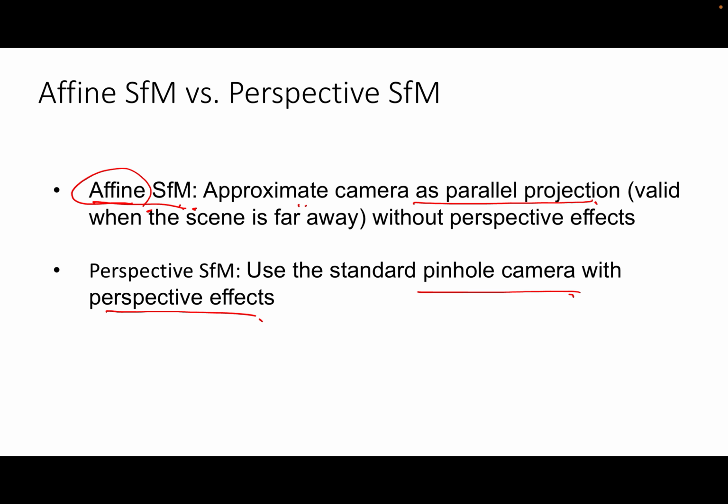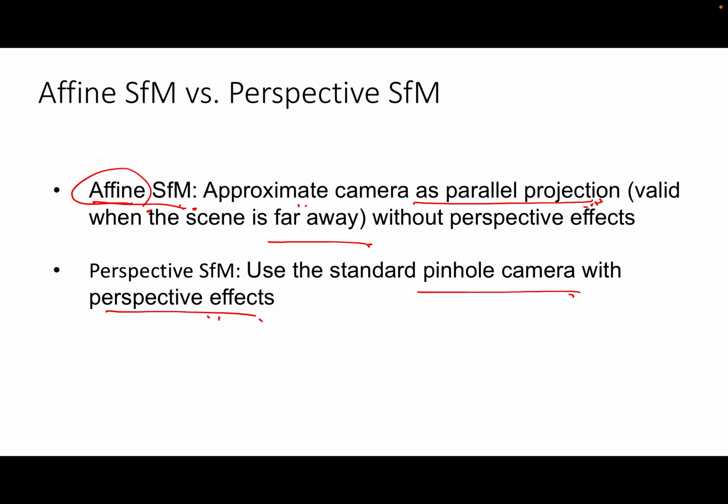Actually, this is not always true; the camera projection is not always parallel projection. This is just their assumption, and it is valid when the scene is far away. If the scene is very close, then this does not hold. But if the scene is far away, then we can approximate the camera as a parallel projection and use affine SfM. In general, we can use perspective SfM with the standard pinhole camera model with perspective effects.